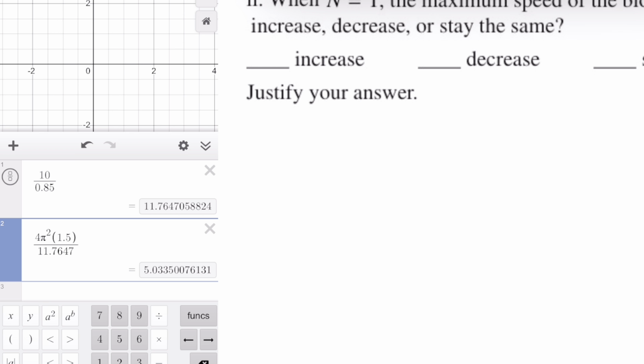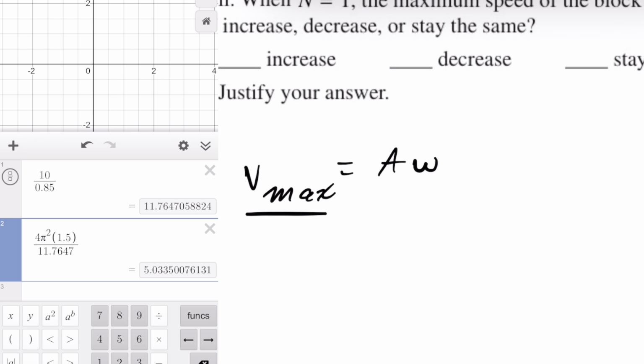We're going to use conservation of mechanical energy in simple harmonic motion because Vmax is A omega, right? So in simple harmonic motion, this is the equation you can memorize. The maximum velocity of a simple harmonic oscillator will equal its amplitude times its angular frequency, right?